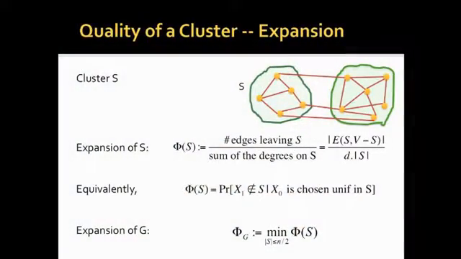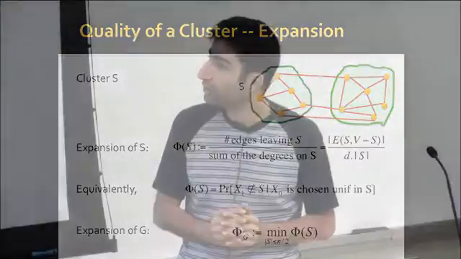So let me now define how we're going to measure the quality of a cluster. We're going to use expansion. For a set S, the expansion of S is defined as the ratio of the number of edges leaving S over the summation of the degrees of vertices in S. Since we assume the graph is d-regular, the denominator is just d times |S|. For example, in this picture, the expansion of this set S is 1/5.